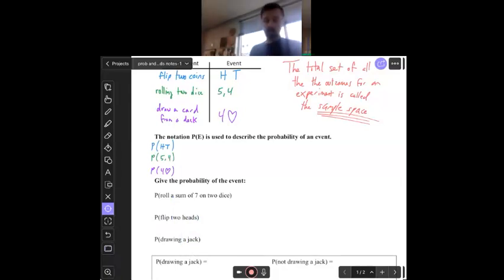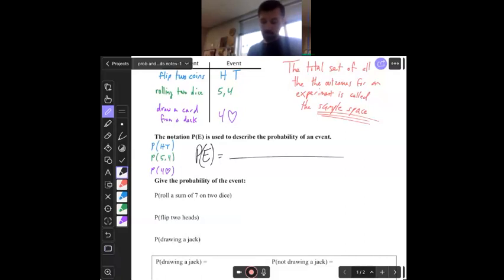The formula, how you figure out probability, it's just a fraction, just a ratio. It's the number of ways the event can occur, divided by the total number of outcomes.